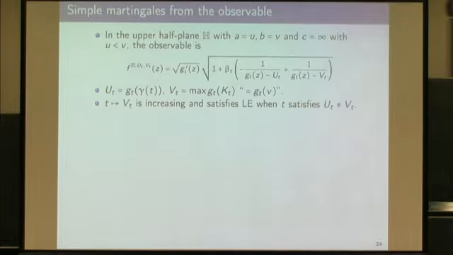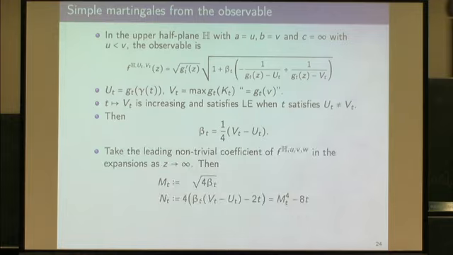Okay, and here I just say that this v_t satisfies the Loewner equation, at least when t satisfies these conditions, so that the points are not touching at that time. And this unique value of beta is in this case 1/4 of b minus u_t.